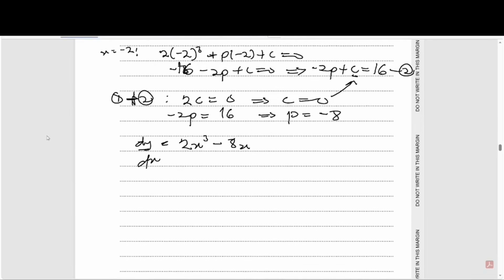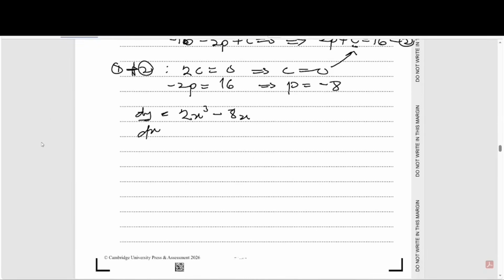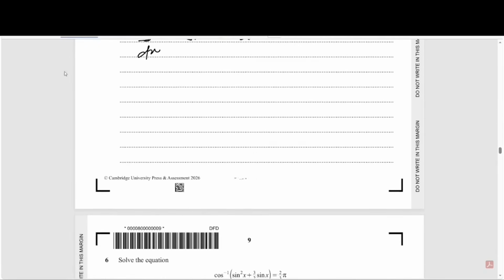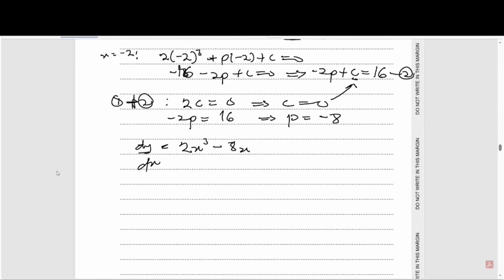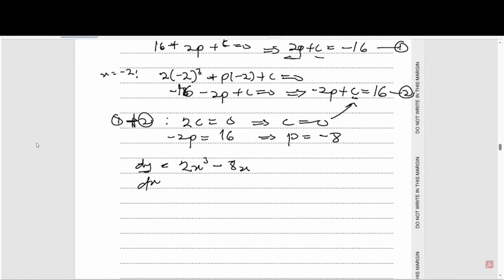So this is the first derivative from which x equal to 2 and then x equal to -2 were found. So what we need to do is to find the other x value, right? Once again, we find the stationary point by equating this to 0. So we do that and find the other missing x value.